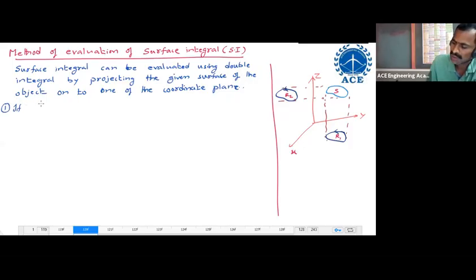Suppose the surface is projected onto the xy plane, then we get some plane region on the xy plane, let us suppose R1.